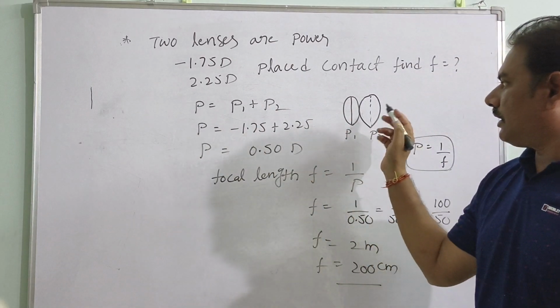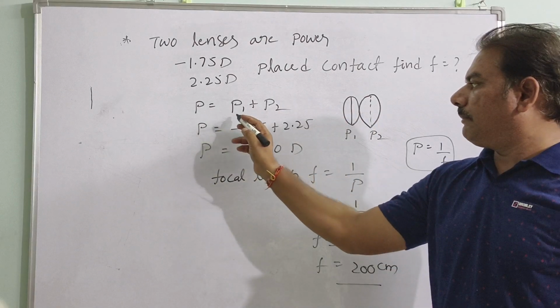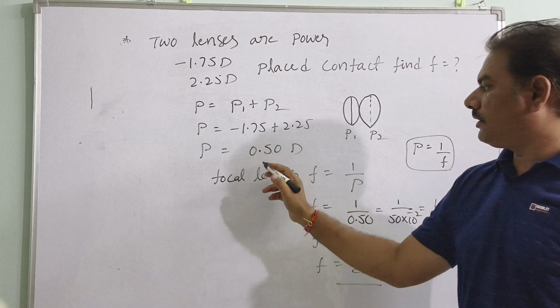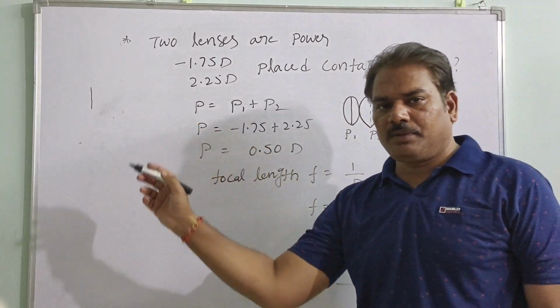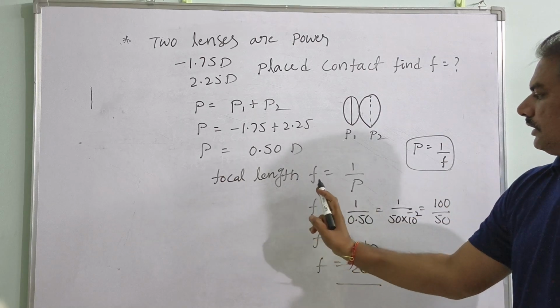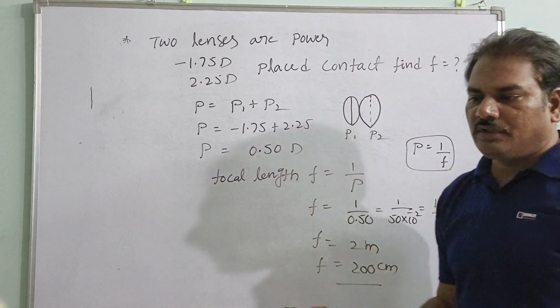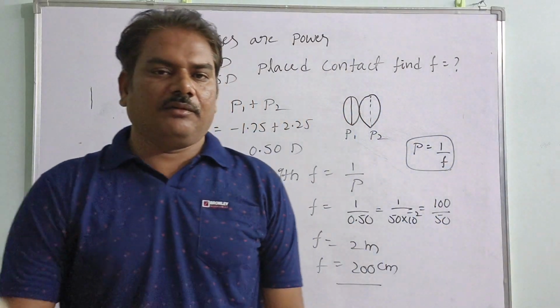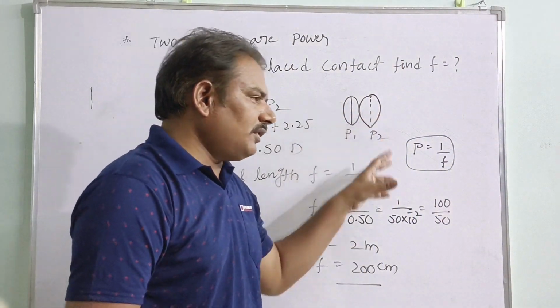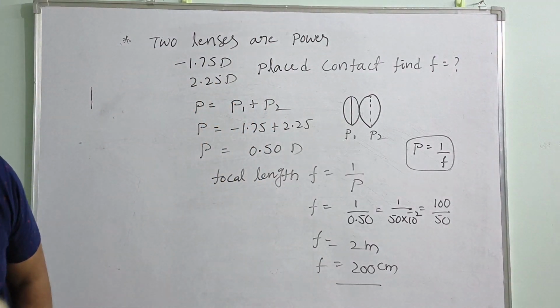When the two lenses are combined, the effective power P1 plus P2 is equal to 0.50 diopters. Then the focal length f equals 1 by p, so f is equal to 1 by 0.50. Then finally we get the effective focal length, that equals 200 centimeters.